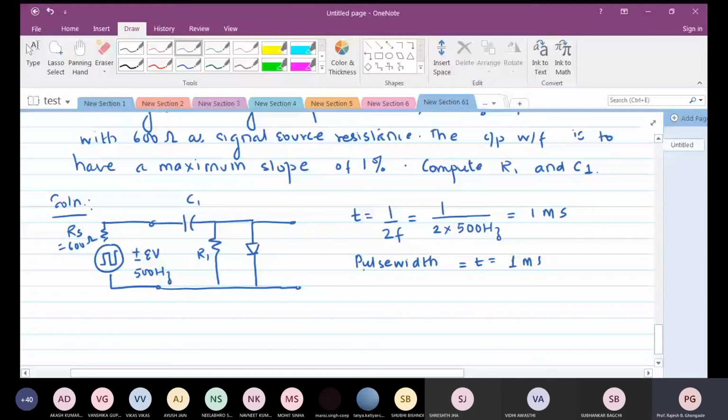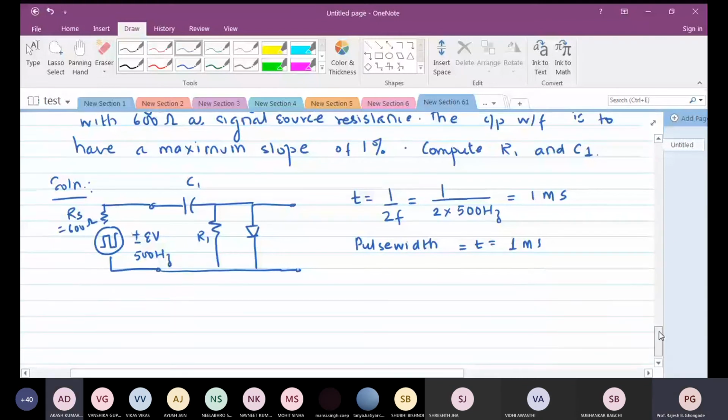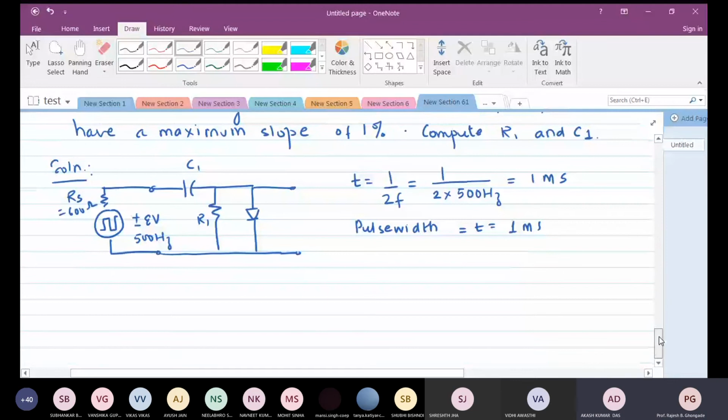Nobody asked me why T is 1 by 2F. We are interested in only this pulse width. So how much is this?